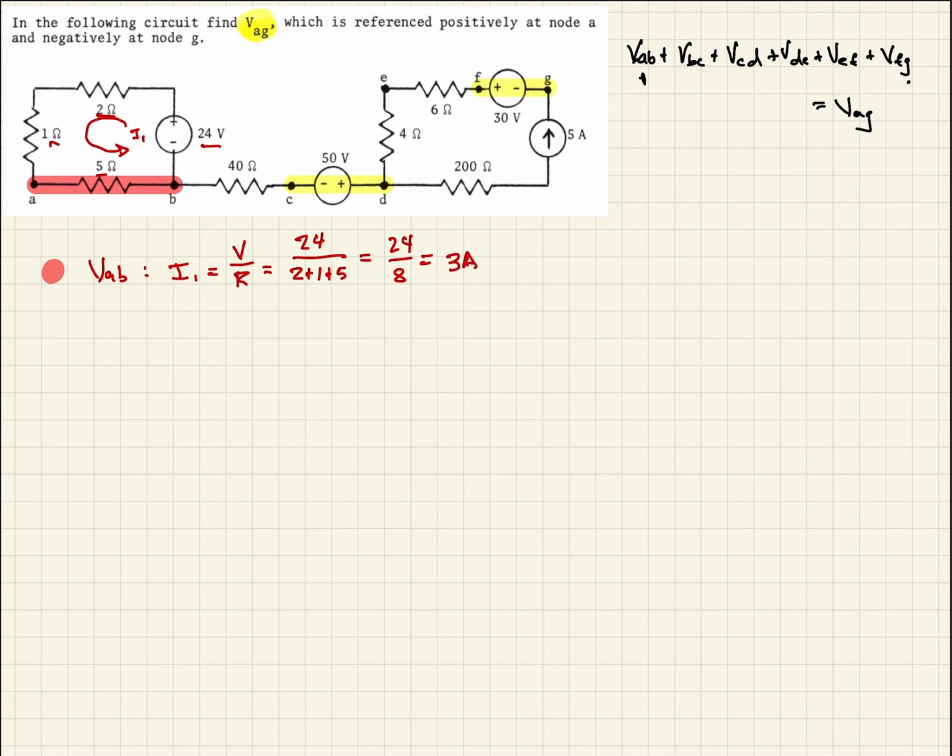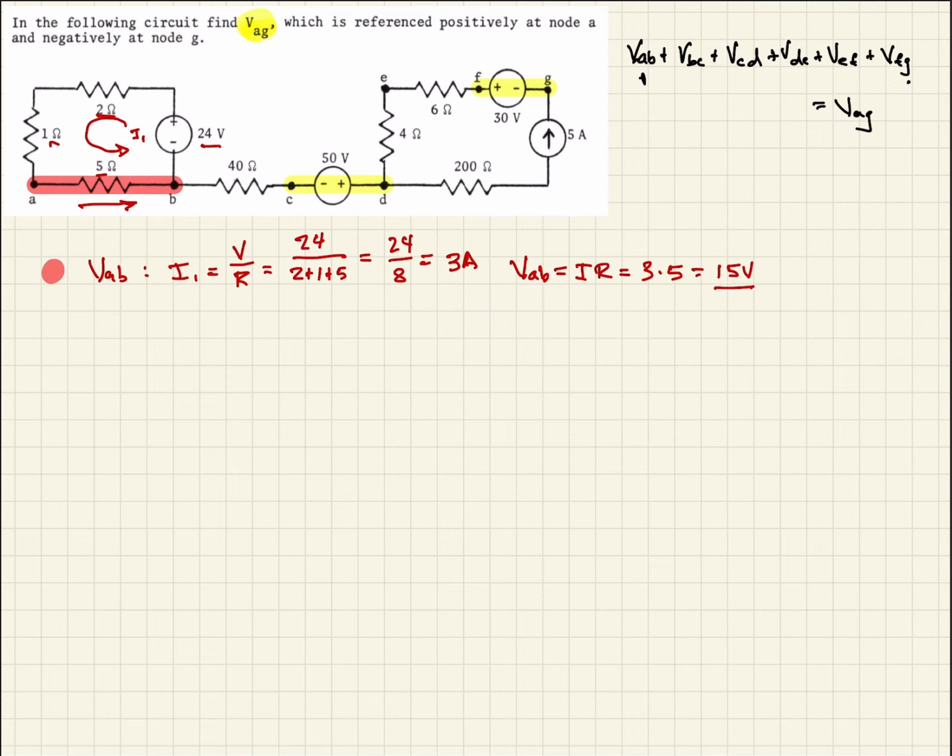Now we have 3 amps flowing, so that means there's 3 amps flowing through this resistor. Therefore, we can determine that VAB, again by Ohm's law, is just the current times the resistance. That will be 3 amps times 5 ohms, and that equals 15 volts.